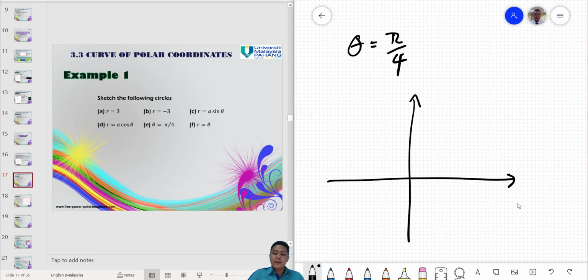The points represented by this polar equation will remain at the constant angle of pi over 4. So you imagine there are infinitely many points that remain at the angle of pi over 4 or 45 degrees. If you connect the dots, it will form a simple straight line. And this is true for any given angle.